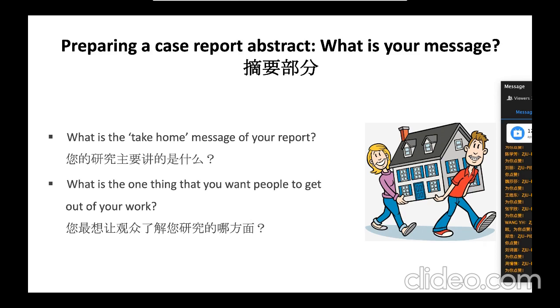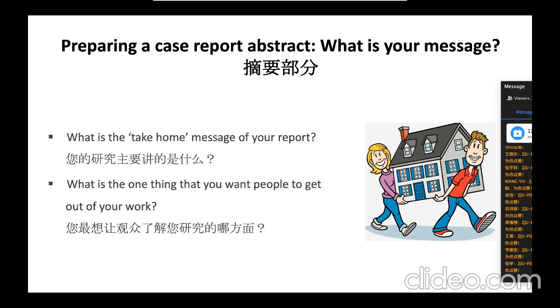So we encourage academic authors, before they start an abstract or an academic paper, to think about the message. What's the take-home message? What is the one thing that you want people to gain from reading the study? What is the one thing that you want your editors, your readers, to get out of the reading experience?